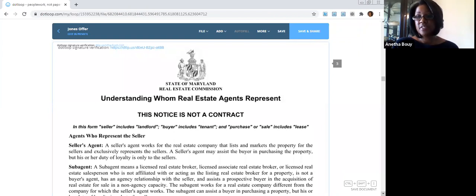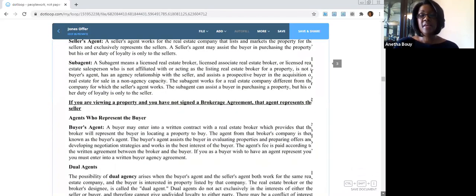Again, the goal is to get to settlement. So you want to do as much of the work on the front end so that you won't have issues that you may end up having to deal with on the back end. Okay. Does that make sense? Okay.